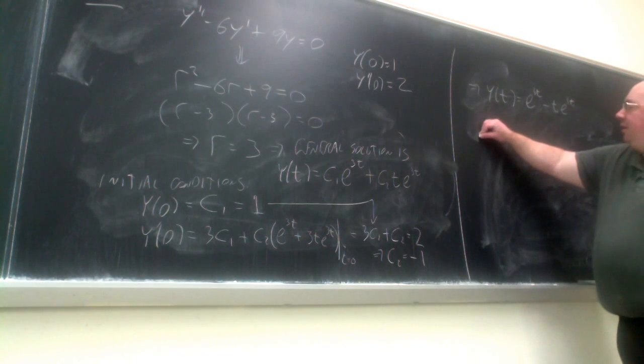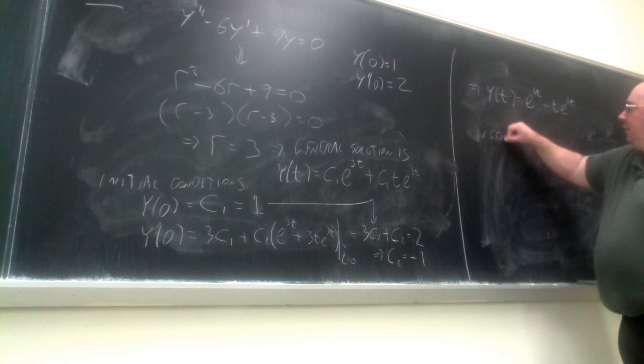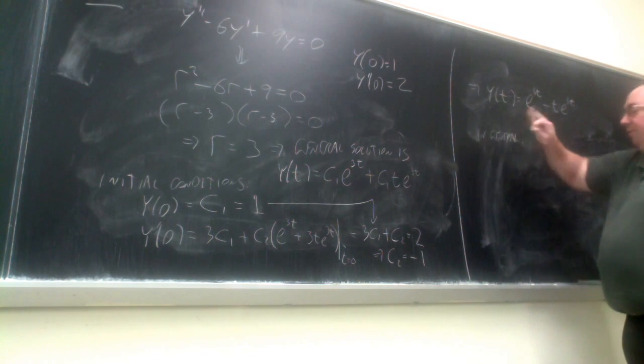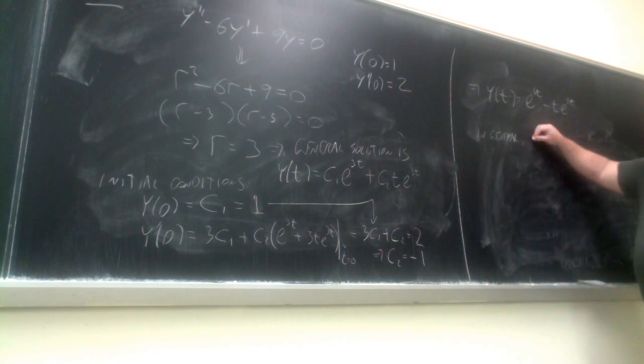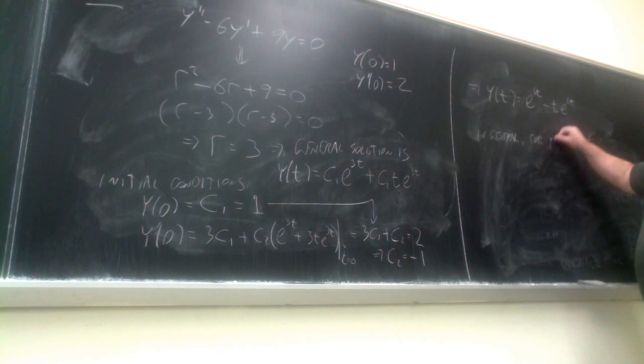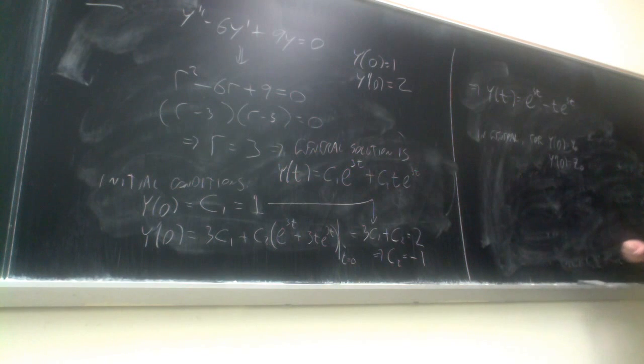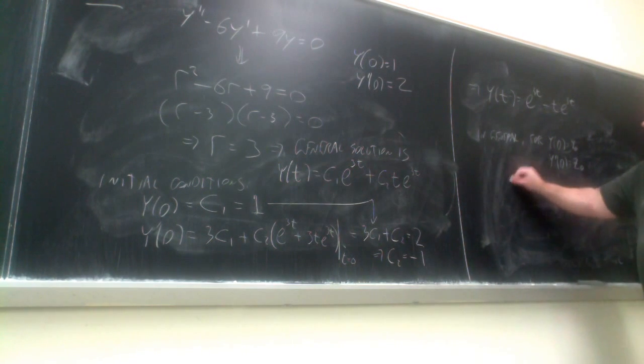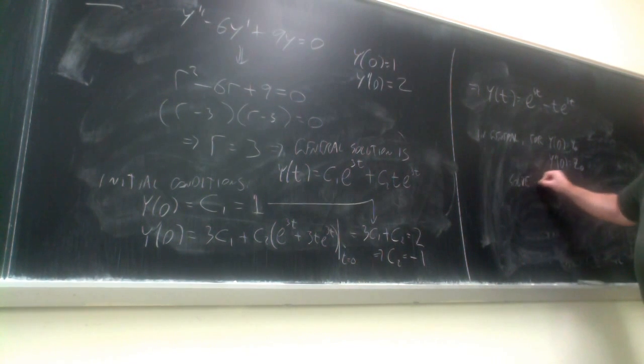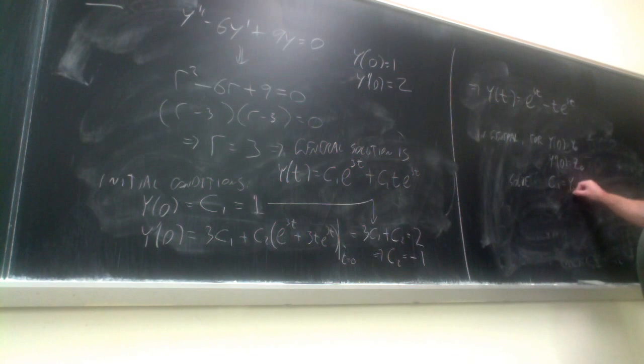So what we can say in general, based on this, extrapolating a little bit, if you have your initial conditions specified at t equals 0, c1 just turns out to be y naught. So that's not very interesting.